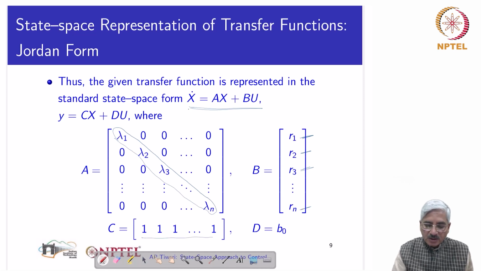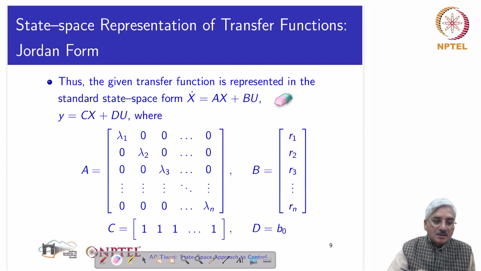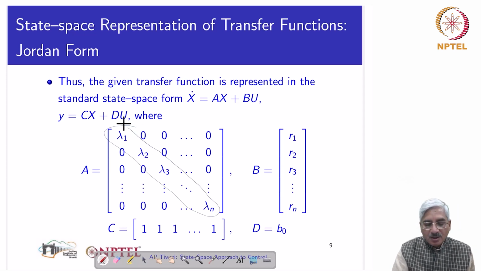Of course the output is the summation of all the respective components, so x1 plus x2, x3, etc. to xn, plus b0 times u. So the system is represented by x dot equal to Ax plus Bu, y equal to Cx plus Du, where A is a diagonal matrix, and on the diagonal we have the poles lambda 1, lambda 2, etc. This is obtained when the poles of the system are distinct.